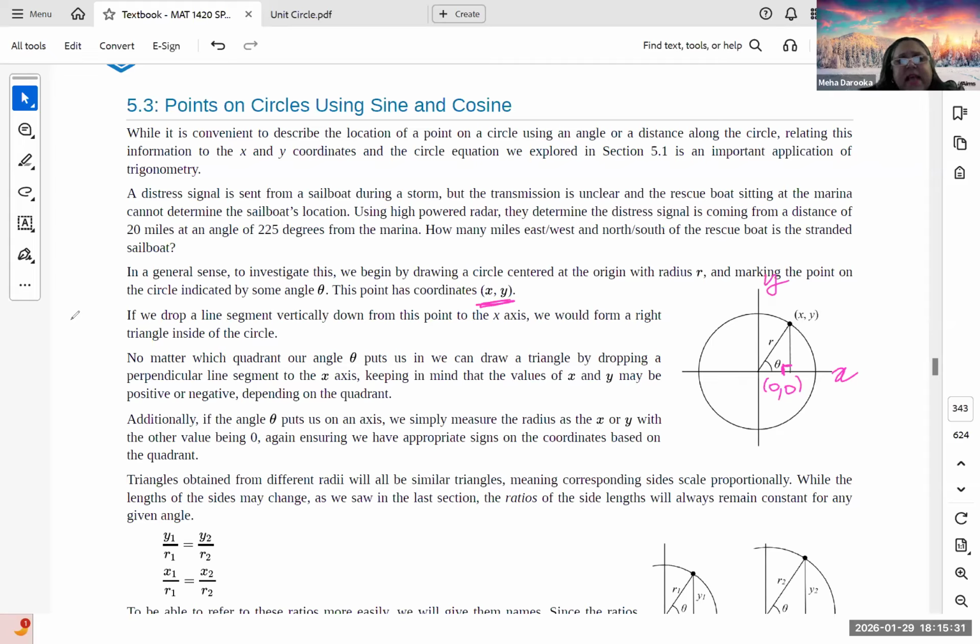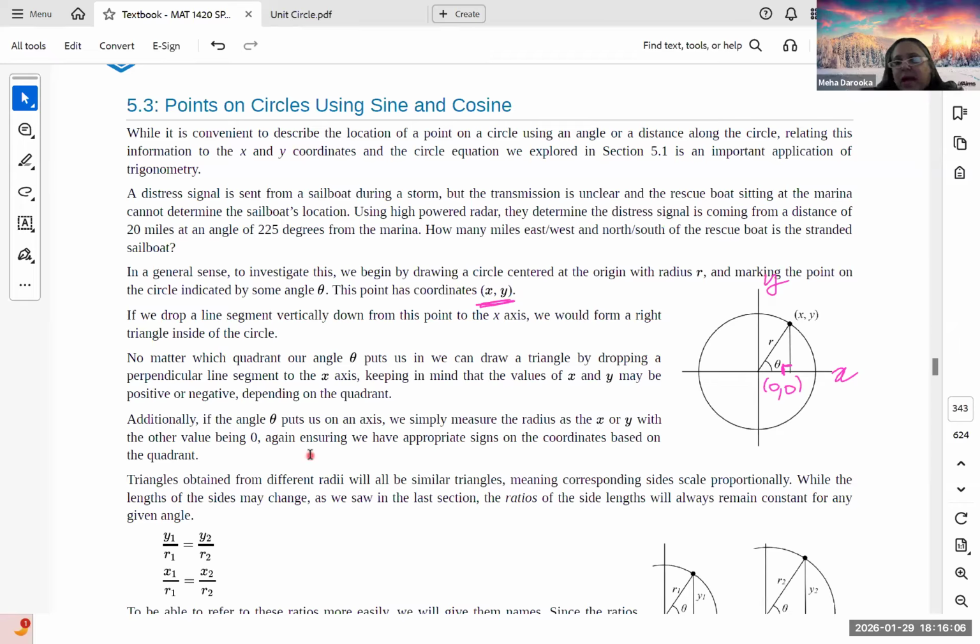Additionally, they are saying if the theta angle puts you on the axis itself, so if your angle is, obviously, 0 degrees, 90 degrees, 180 degrees, and so on, then if you already have the x, the y will be 0.